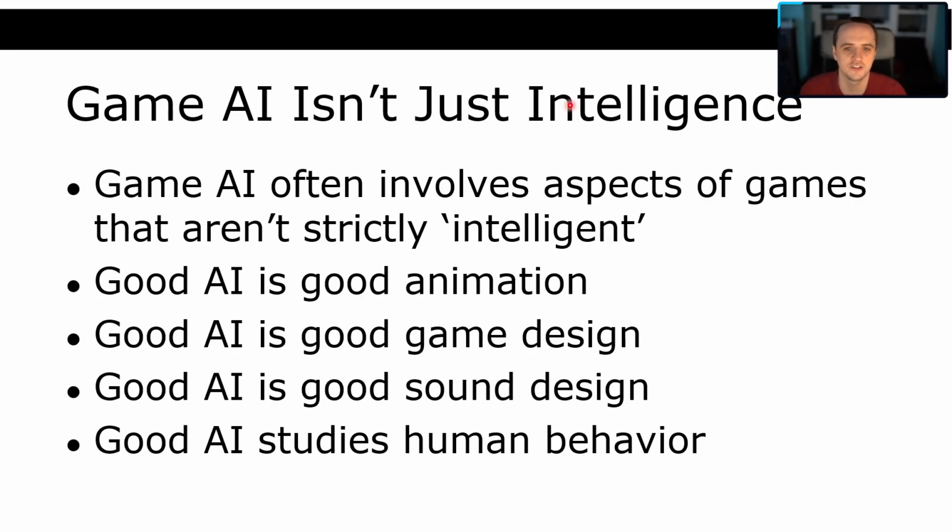And it's not just about intelligence. So game AI often involves aspects of games that aren't strictly intelligent. So we will not be covering these topics in the course, but these are very important when it comes to game AI. So good AI is good animation, right? Your path that you find could be the shortest path possible.